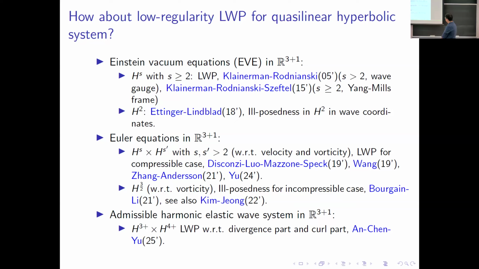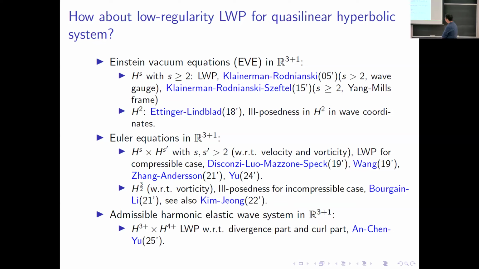If we consider wave coordinates, Ettinger and Lindblad actually show that H2 is a threshold, because in wave coordinates there is ill-posedness in H2, but in the Yang-Mills frame we know that there is local well-posedness.